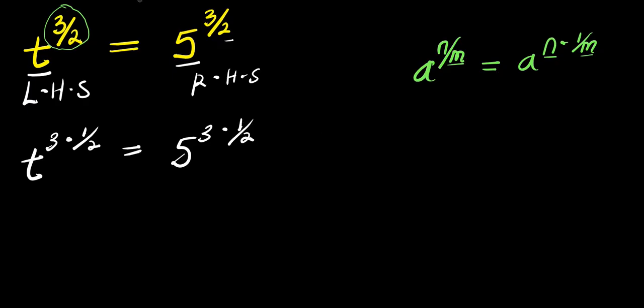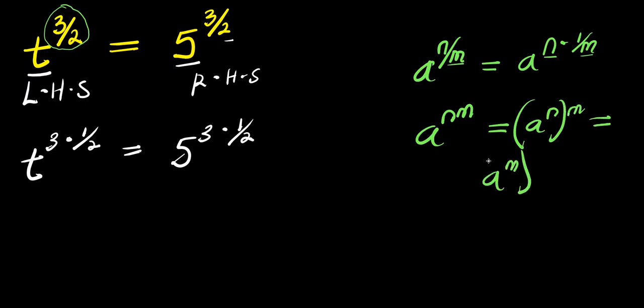Now, if you have a power m times n, this equals a to the power of m to the power of n, and also equals a to the power of n to the power of m.